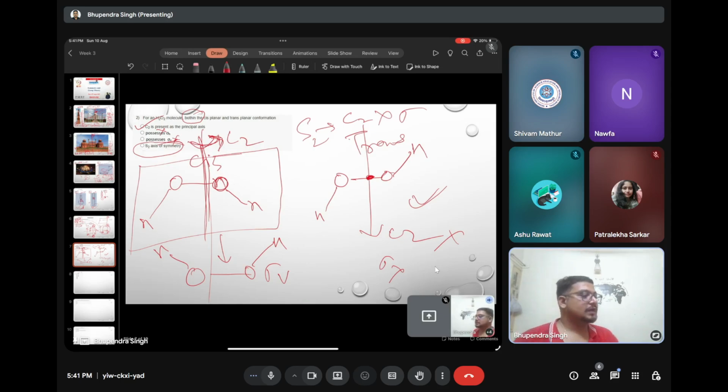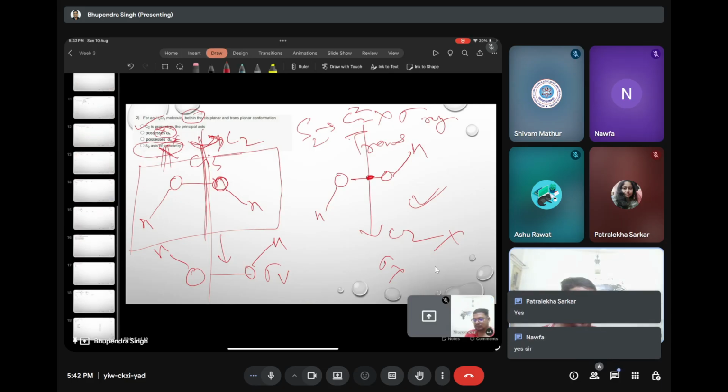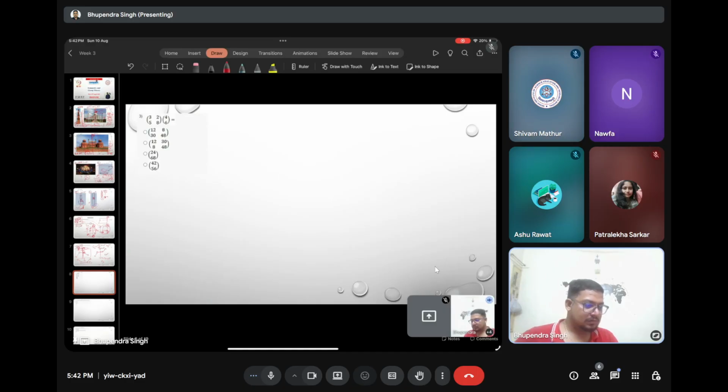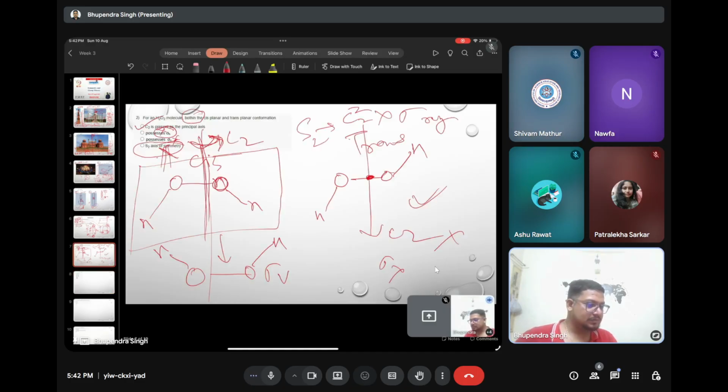And let's say this C2 is Z axis, then this sigma should be perpendicular by X. So we have already said this, sigma S is not present, which means S2 is not present, right? Okay, this one is done.